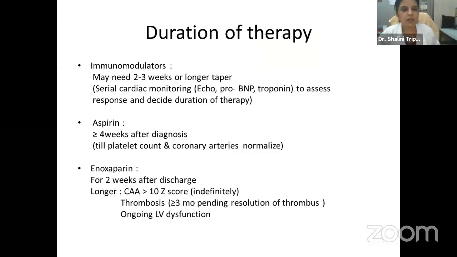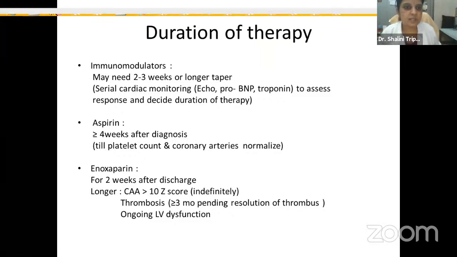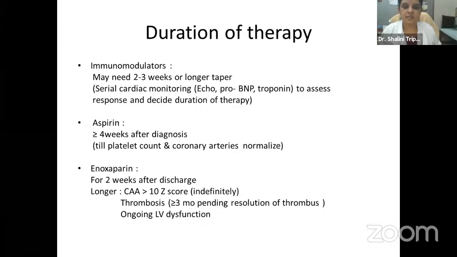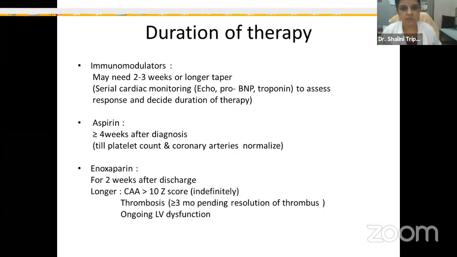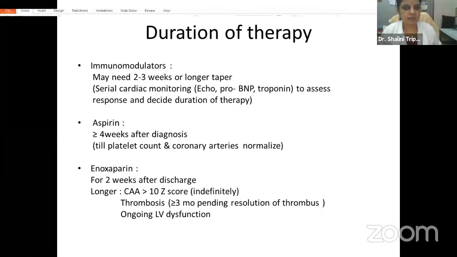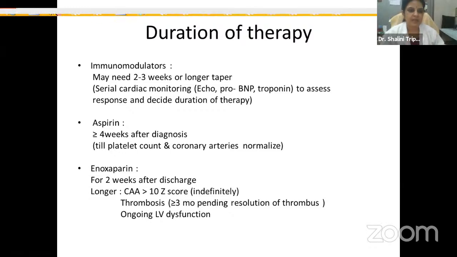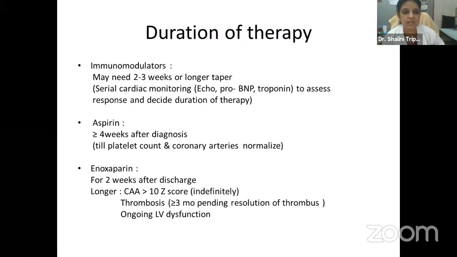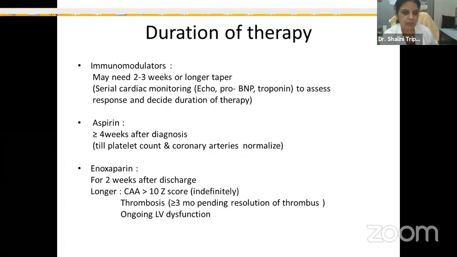So duration, I have already discussed this: immunomodulators, that is IVIG and steroids, we need to taper over 2 to 3 weeks depending on our inflammatory markers, and serial cardiac monitoring is to be done. Aspirin has to be given for around 4 weeks after diagnosis, till the platelet count and coronary arteries normalize.